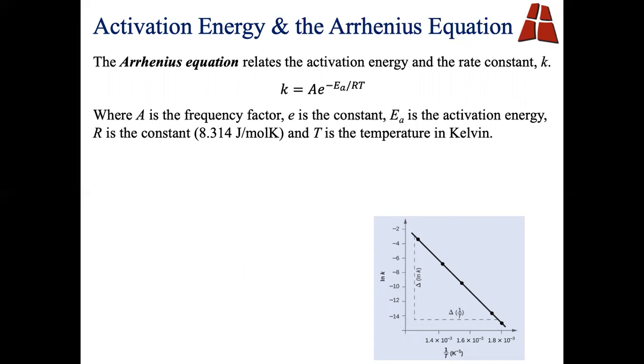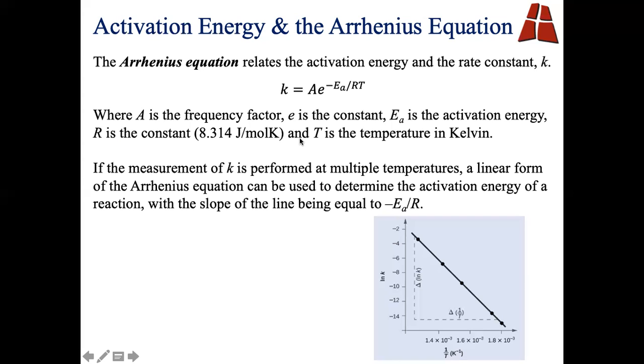So our rate constant k is equal to A, which is our frequency factor that we discussed, times e to the negative E sub A over R T. e is the constant e, E sub A is our activation energy, R is the ideal gas constant with units of energy, and T is our temperature in Kelvin.